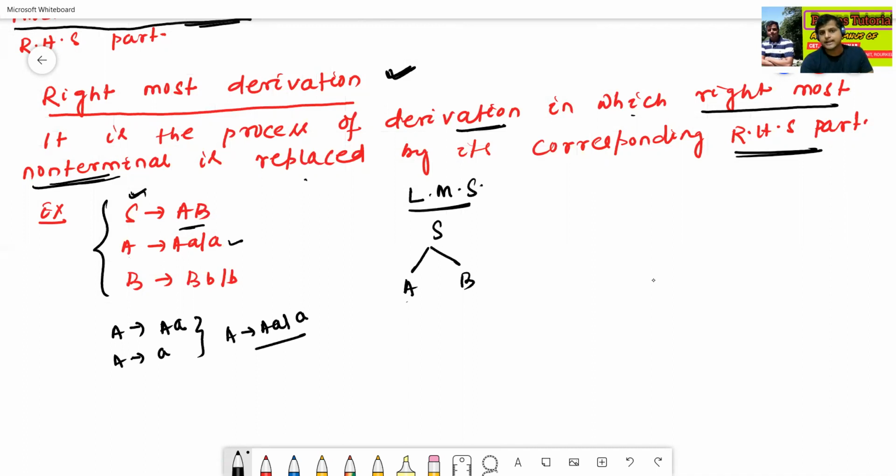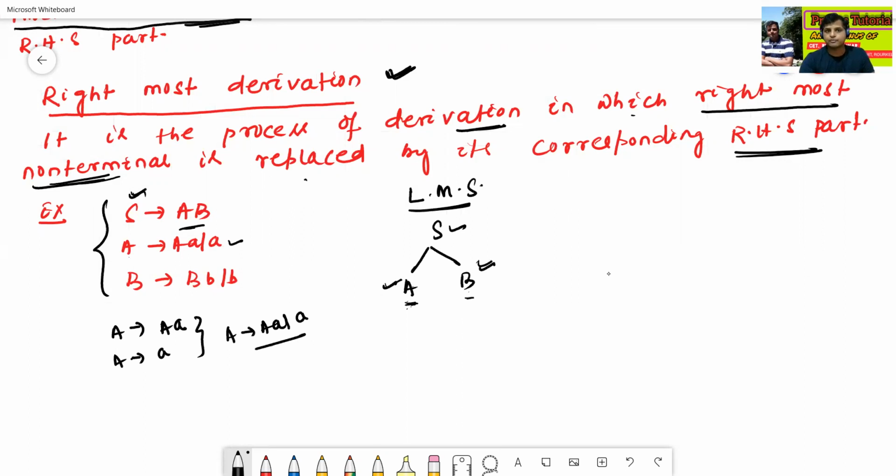Now S to AB means the leftmost non-terminal is A and the rightmost non-terminal is B. So which non-terminal will be replaced? Now we'll derive S to AB, and either A or B can be derived.